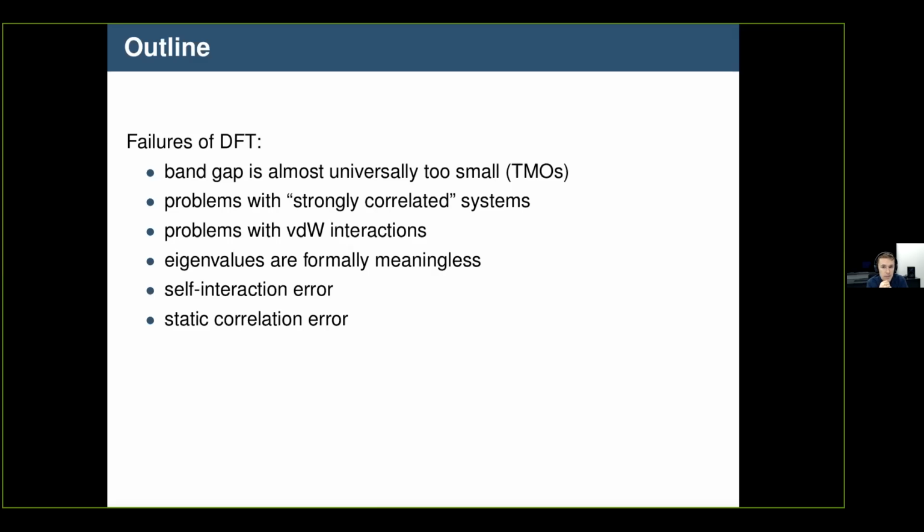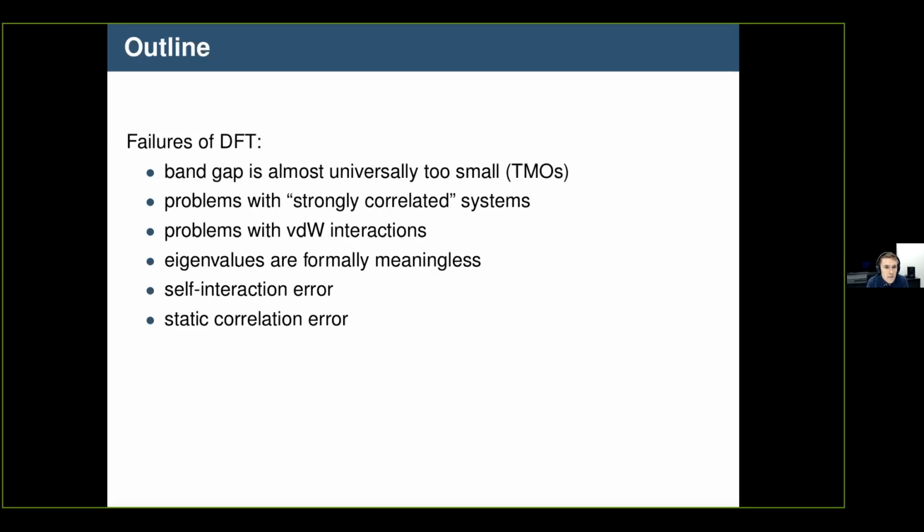And so they miss van der Waals interactions. This is less of a problem because you can add empirical corrections like the 1 over R^6 minus 1 over R^12 sort of terms that we know from undergrad. So that's a more surmountable problem, but it's not naturally captured by density functional theory.